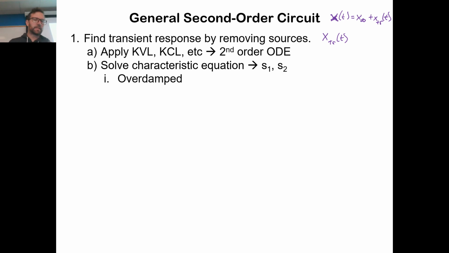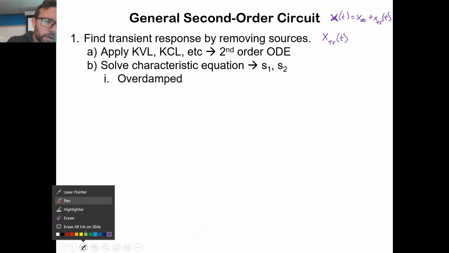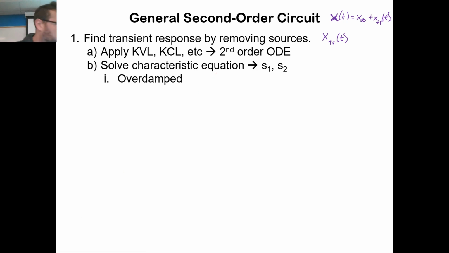And the system is then going to fall into one of these categories, which we've already looked at. If S1 is not equal to S2, and they're both real, then you have an overdamped response.